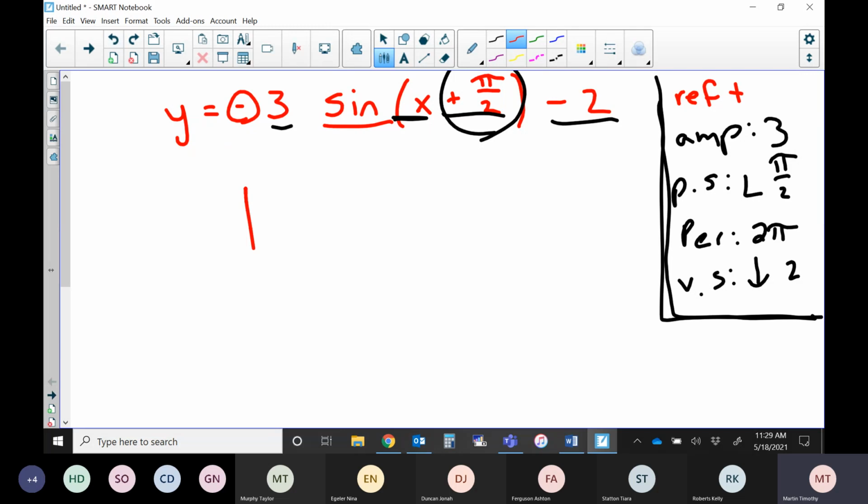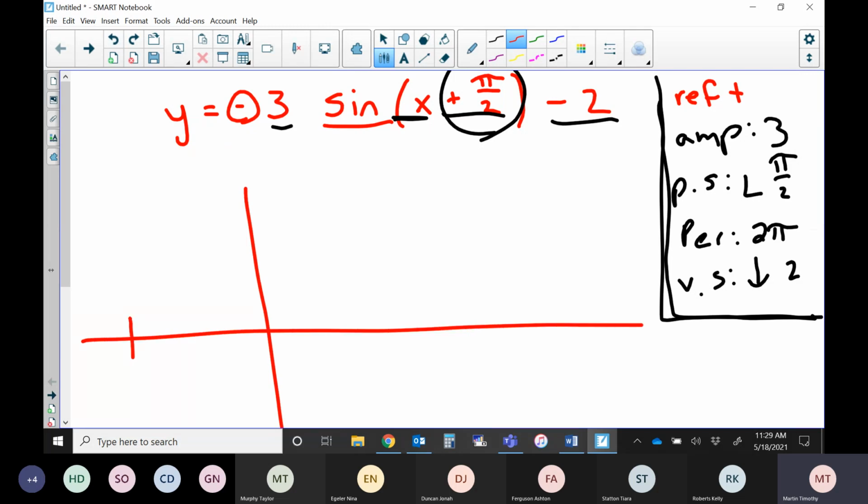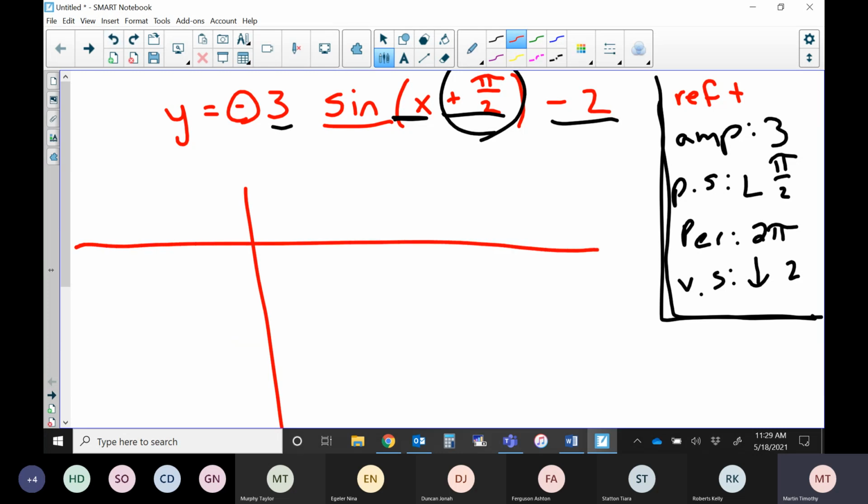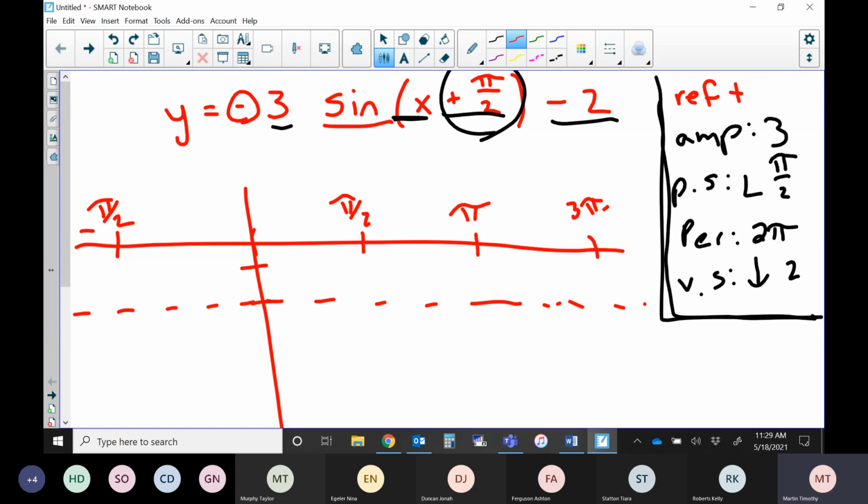So I'm going to move my graph over a little bit. This is going to be down 1, 2. There's my midline. The other important points are negative pi over 2, 0, positive pi over 2, pi, and 3 pi over 2.